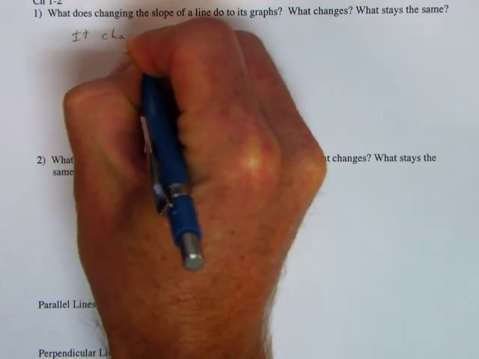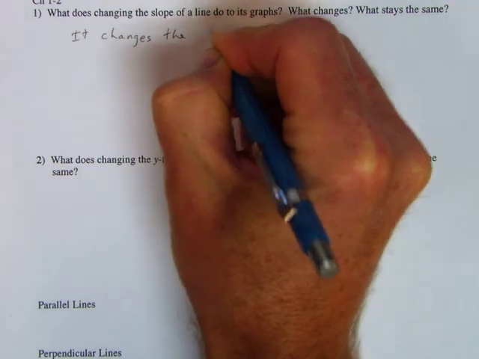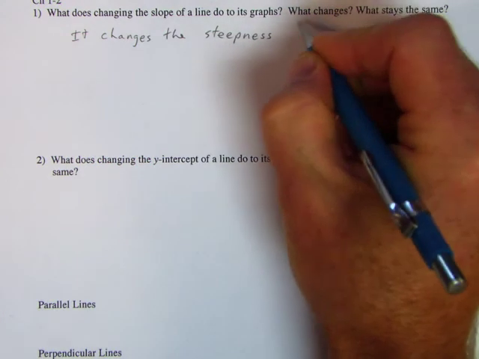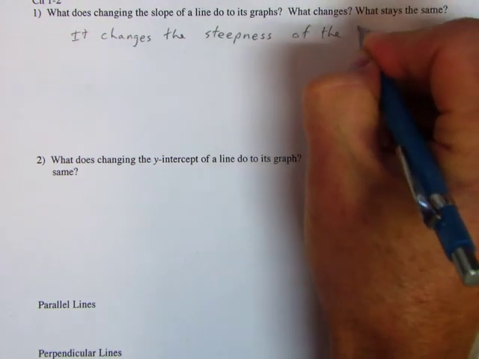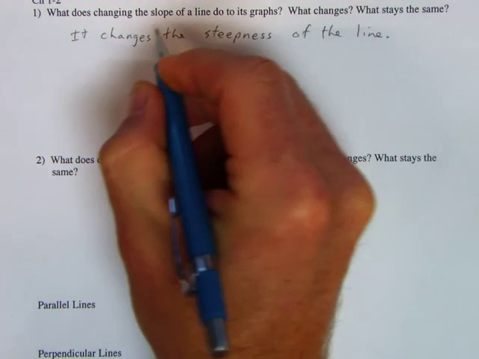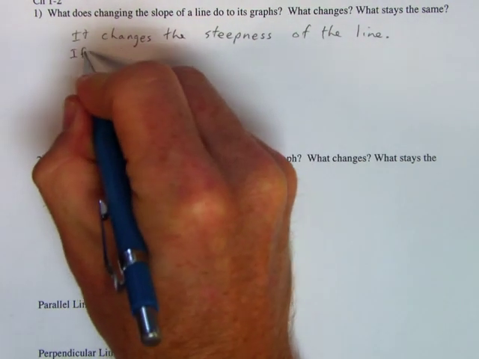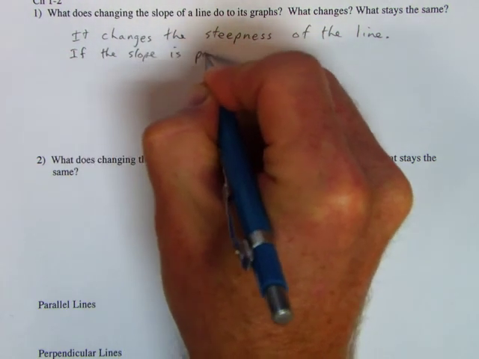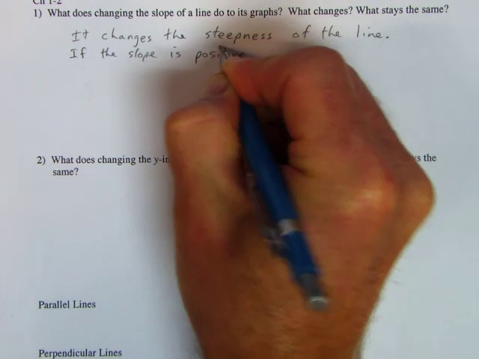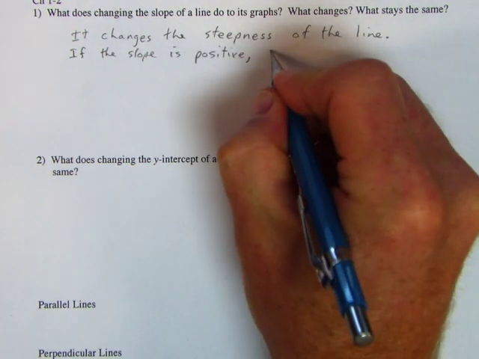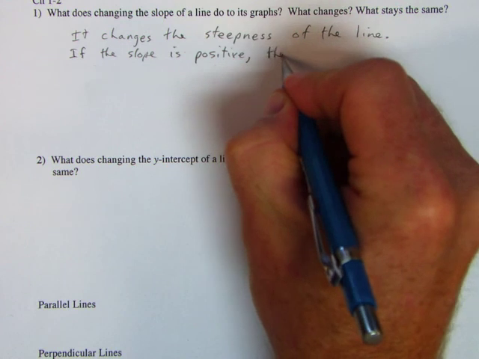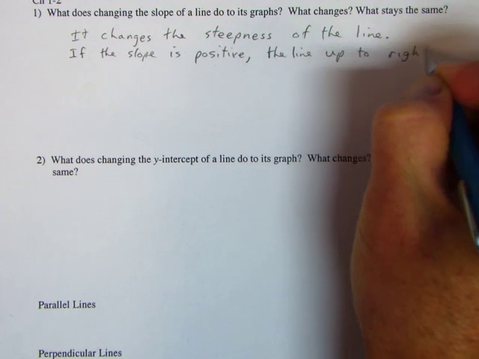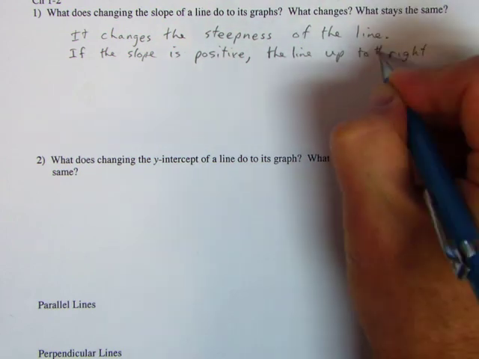It changes the steepness of the line. If the slope is positive, the line goes up to the right.